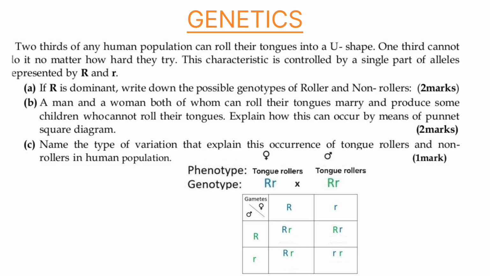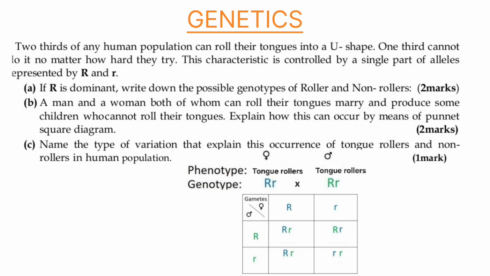So the question is, do they have 1 dominant allele or do they have 2 dominant alleles? Since they have a child who cannot roll their tongue, that implies that both parents must be heterozygous. So both of the parents must have a recessive allele. So when it's passed on to the offspring, it causes the offspring to be unable to roll their tongue.